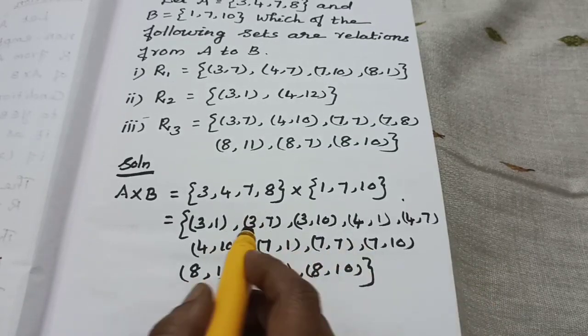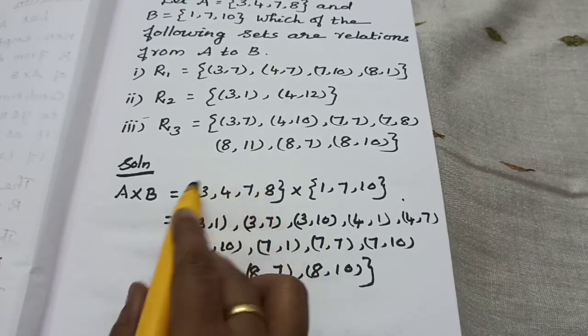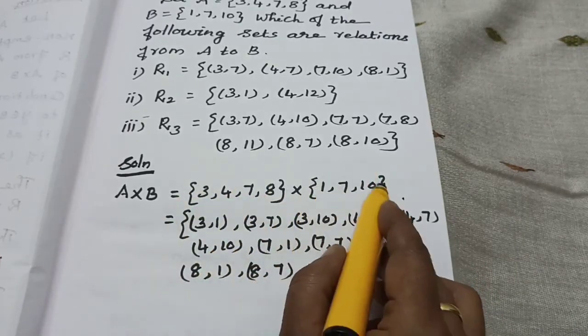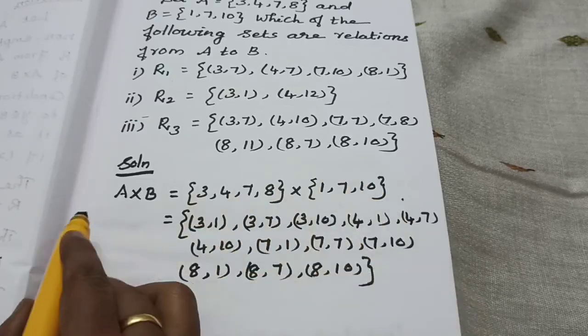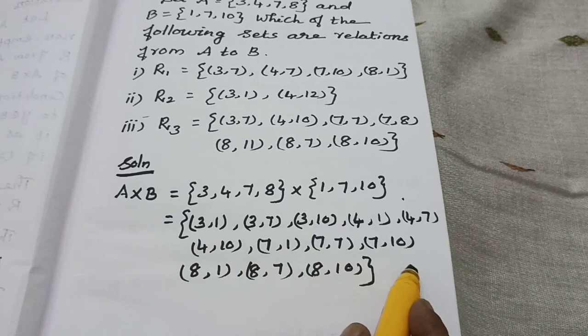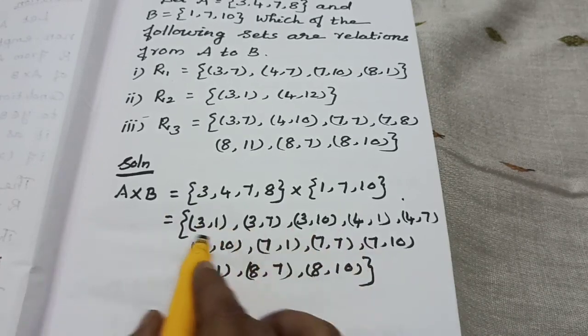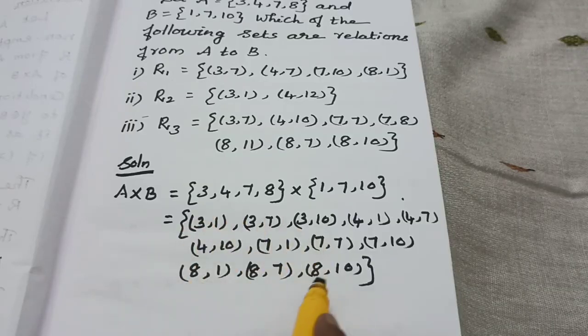Here you see the A values are x, and these are the y values. Then A cross B is the set of ordered pairs.